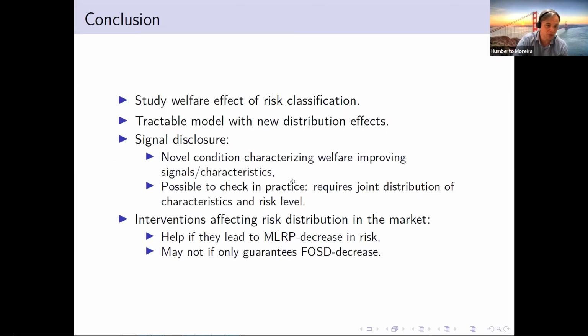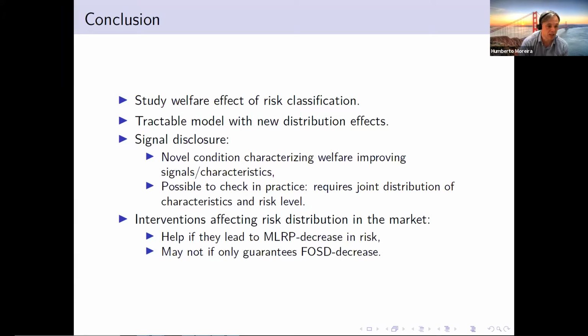So briefly, the conclusion, I'm going out of time. What we do in this paper is we study the welfare impact of risk classification. We translate that as this signal disclosure exercise. We present a really attractive model with new distribution effects, which are not present in the one-dimensional models in the literature.